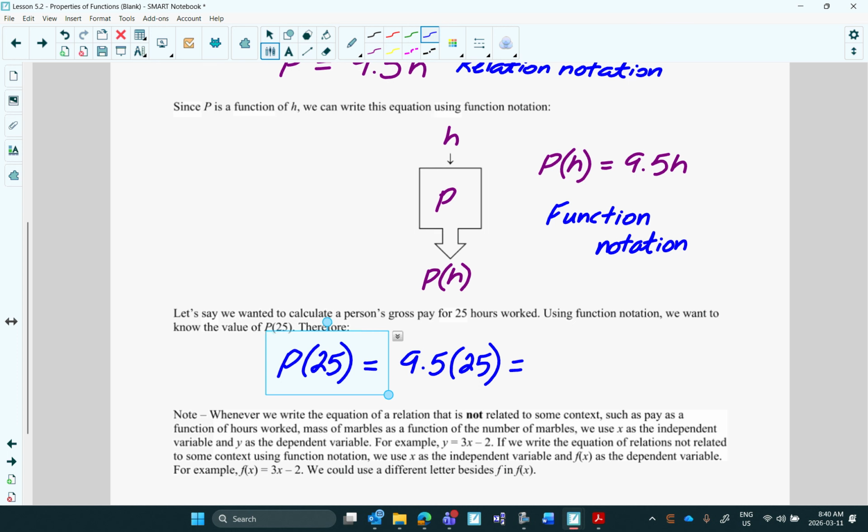And then you calculate that, and I can't do that off the top of my head. Does that give us $237.50? Okay. All this is a new type of notation.